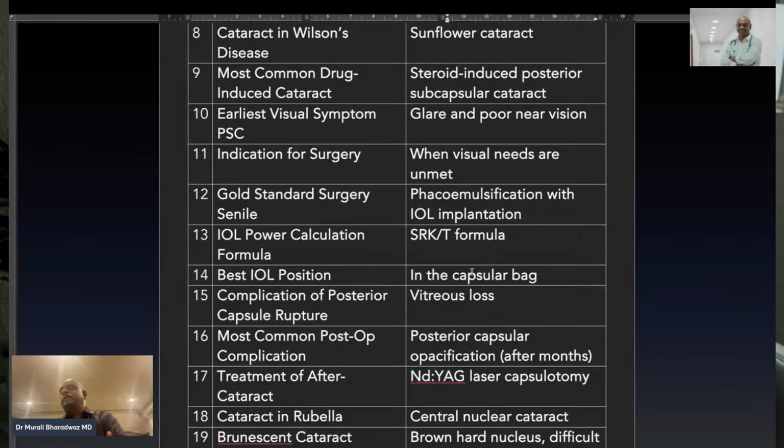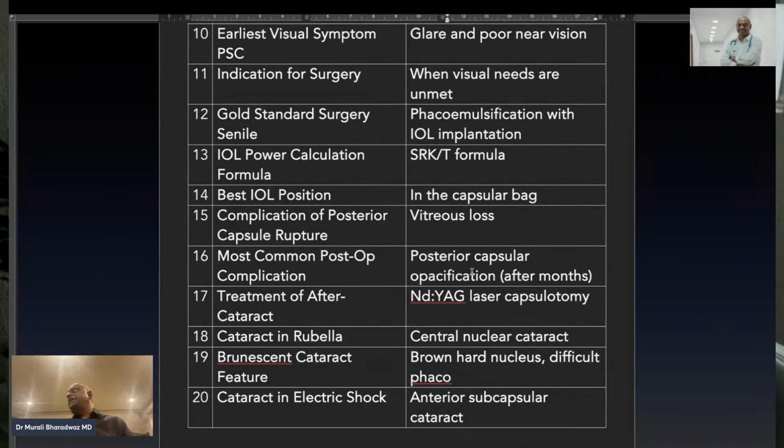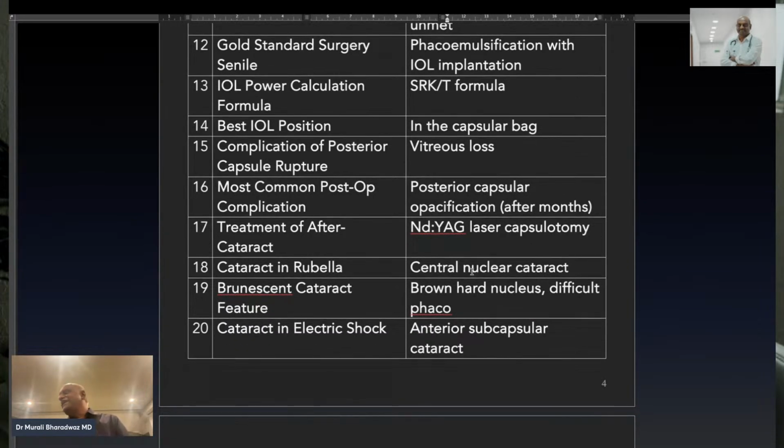Indication for surgery: there is a WHO visual classification of blindness, and based on that we decide. What is the gold standard surgery? We do phacoemulsification. We melt down the lens, suck it out, and put in an intraocular lens implant. The Shah Rukh Khan formula is called SRK.